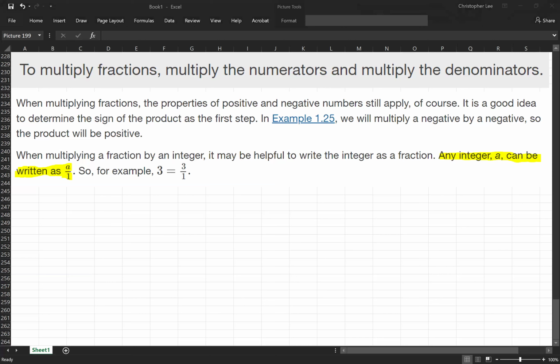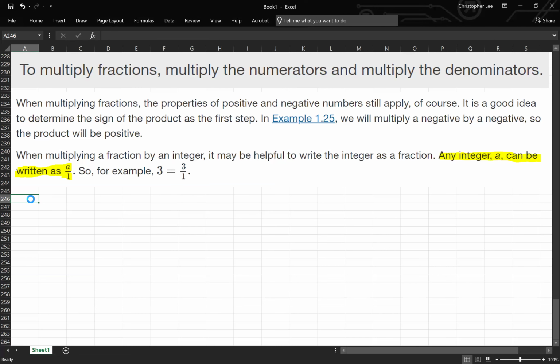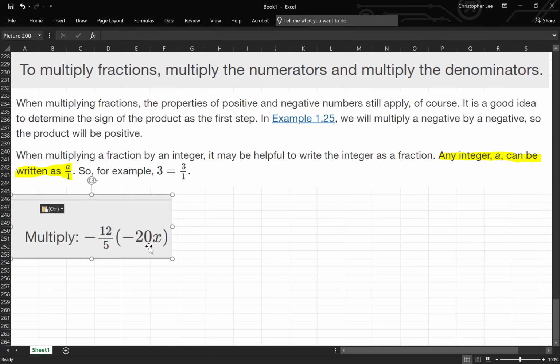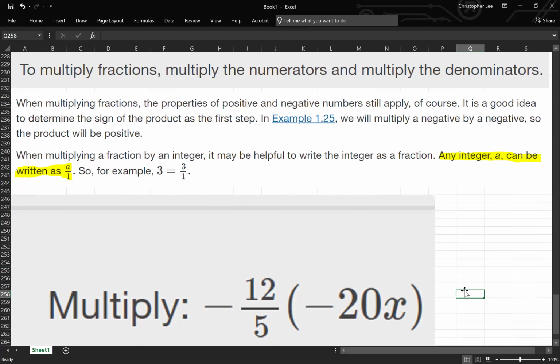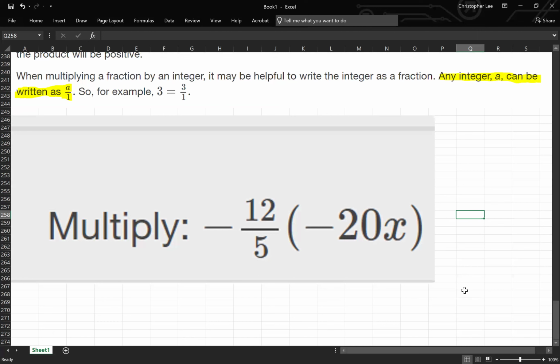Here, you guys try. Try that out. Let's see how this goes. Treat fractions like you would treat any number, even a whole number, and it becomes easier.